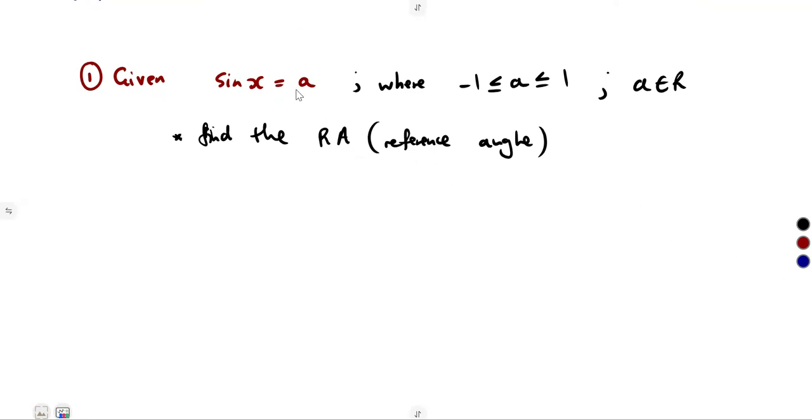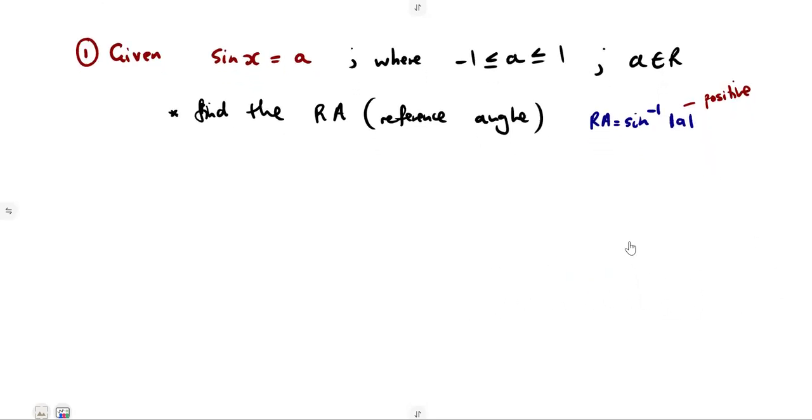The reference angle will be equal to arcsine of the magnitude of a. You take it as a positive. Don't include the negative, if it is -0,5. The magnitude, we need it as a positive. Don't worry about the negative that you're given.